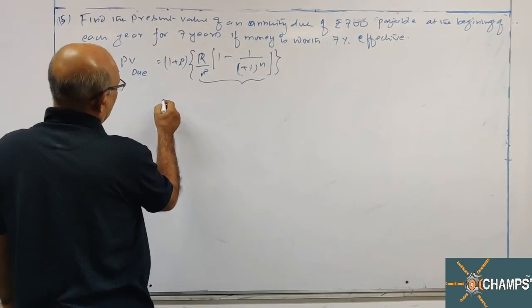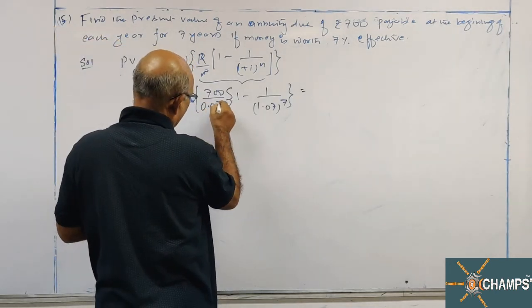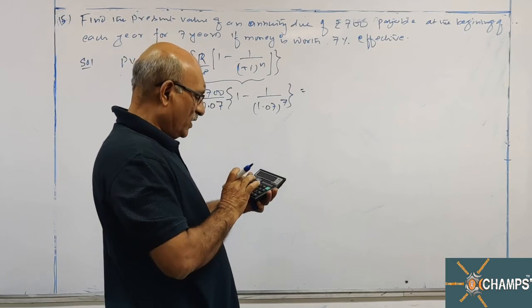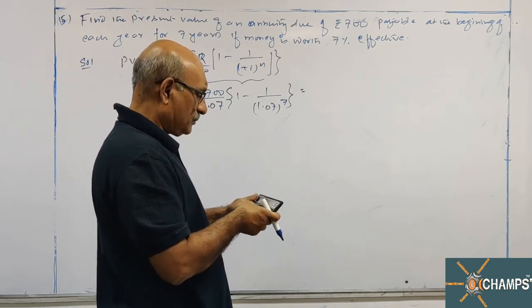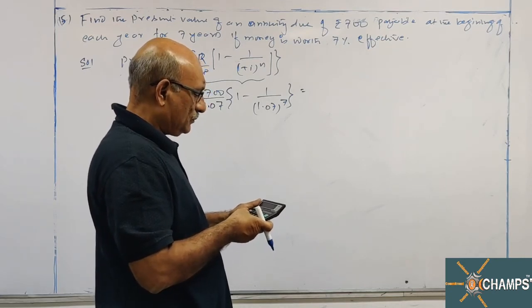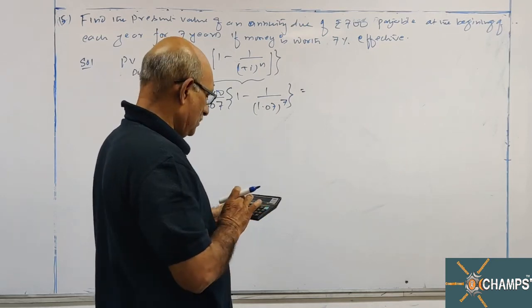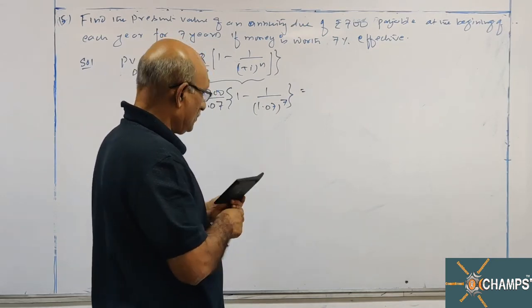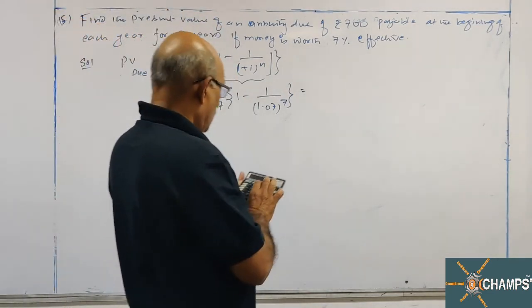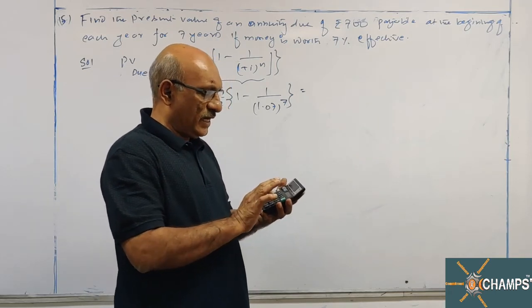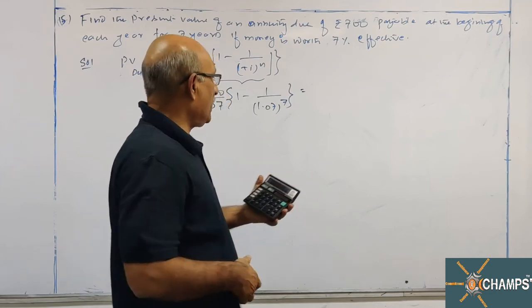So this is how much is deposited, (1 plus I), where I is 0.07. Let me do it once again. 1.07 to the power 7.